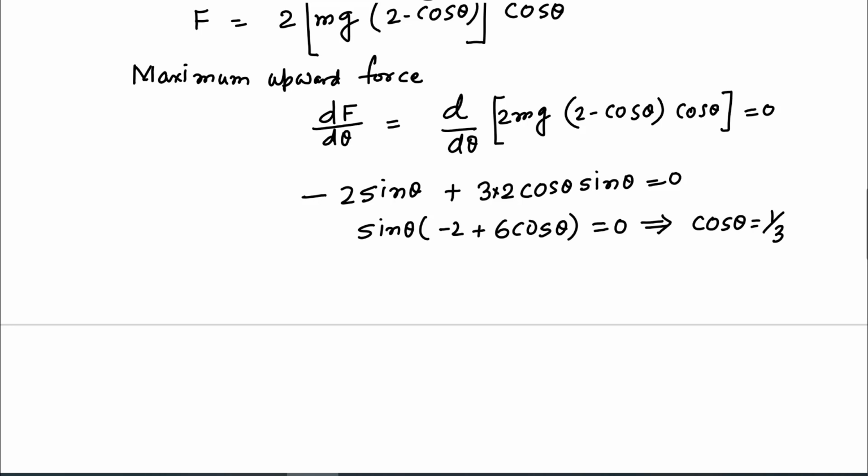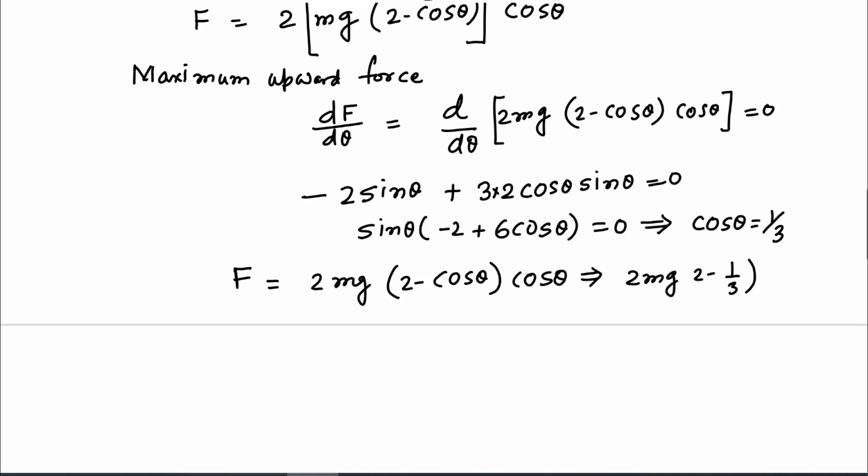What will be the magnitude of that force? F will be 2mg times (2 minus 3 cos theta) times cos theta.